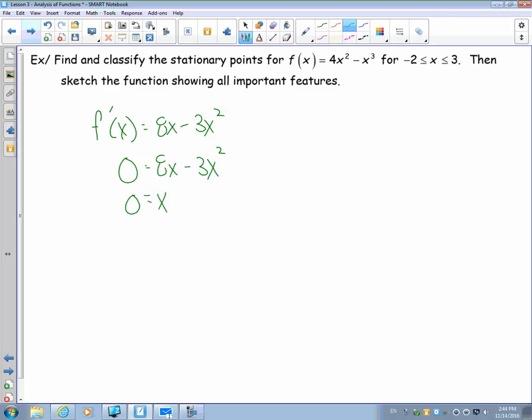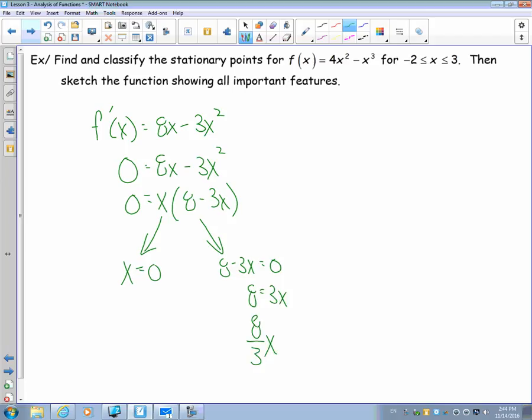I can common factor out the x. I'll get x times 8 minus 3x. So our zeros, one's obvious, one's a little bit trickier to find, but we can solve for that one. So we get 8/3. Okay, sign diagram time. Less than 0, from 0 up to 8/3, and greater than 8/3.